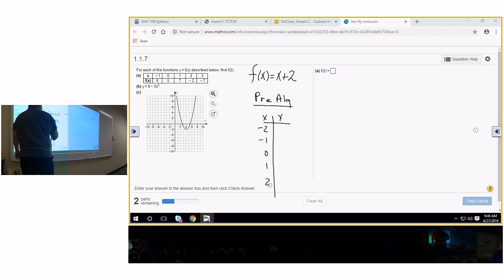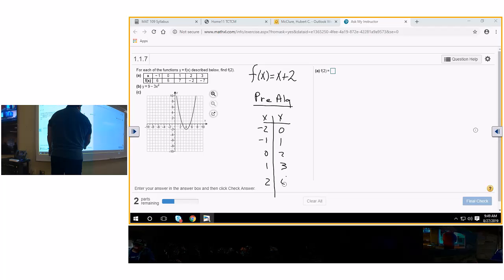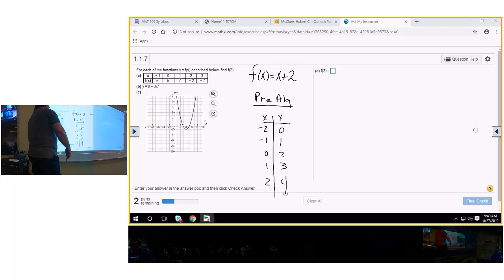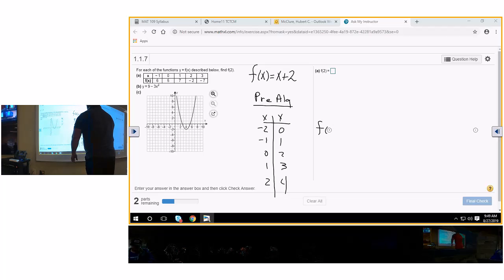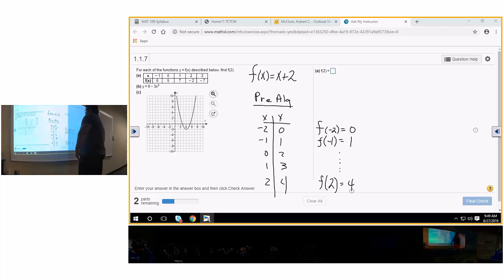And you can say -2 plus 2 is 0, -1 plus 2 is 1, 0 plus 2 is 2, 1 plus 2 is 3, 2 plus 2 is 4. Or you can hold your pinky up and say f of -2 is equal to 0, f of -1 is equal to 1, and so on. F of positive 2 is equal to 4. And that is what we call composition of function.